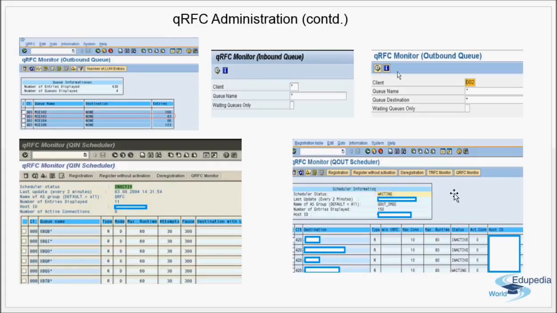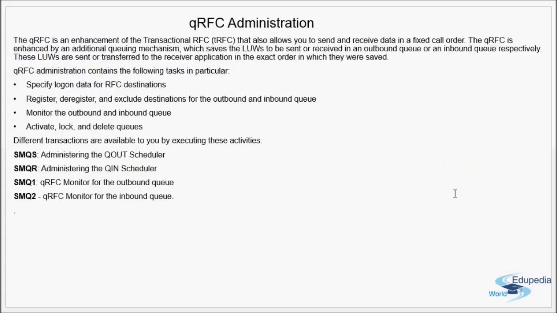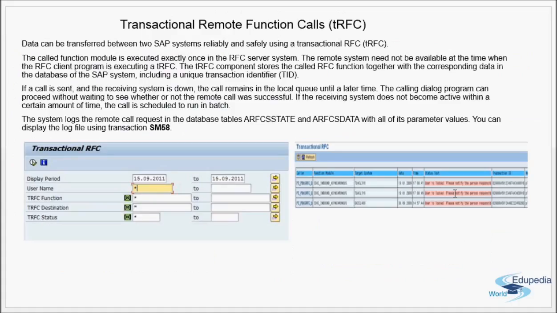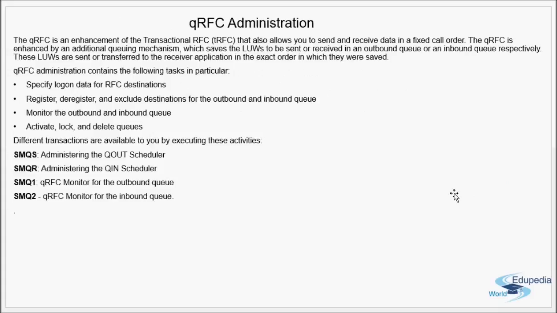In this video we have seen these transactions: SM58, SMQ1 and SMQ2, SMQR and SMQS. All these transactions are used for monitoring the TRFCs, the transactional RFCs, or the QRFCs, the queued RFCs.